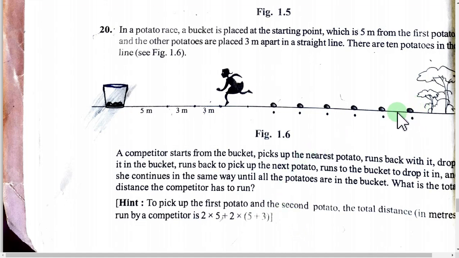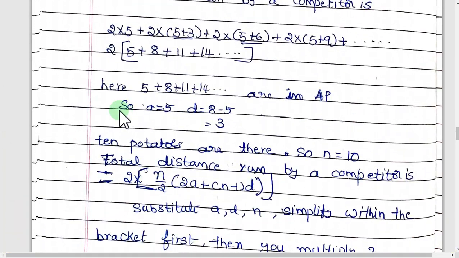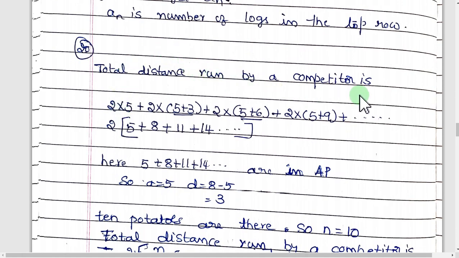So when she reaches here, when she picks up, this distance, 2 times she runs. Once to pick up the potato, and then again she goes back. 2 into that distance. So the hint I have given. See, the total distance run by the competitor is 2 into 5 plus 2 into 5 plus 3 plus 2 into 5 plus 6 plus 2 into 5 plus 9.